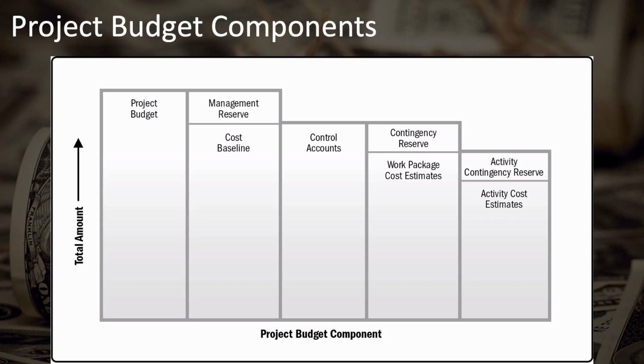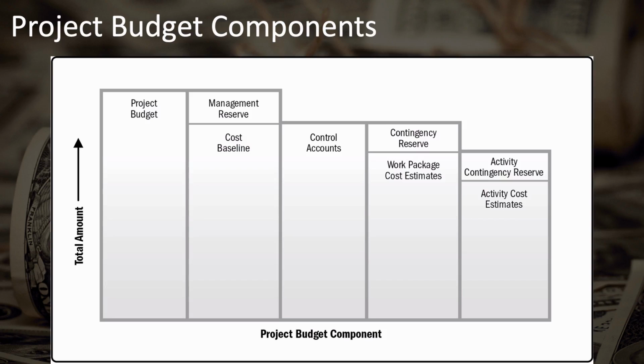You can measure performance on these separately if you choose, or you could measure your performance for different major deliverables, such as if you have a project to build a road and a bridge, you could compare the performance of building the road to the performance of building the bridge.